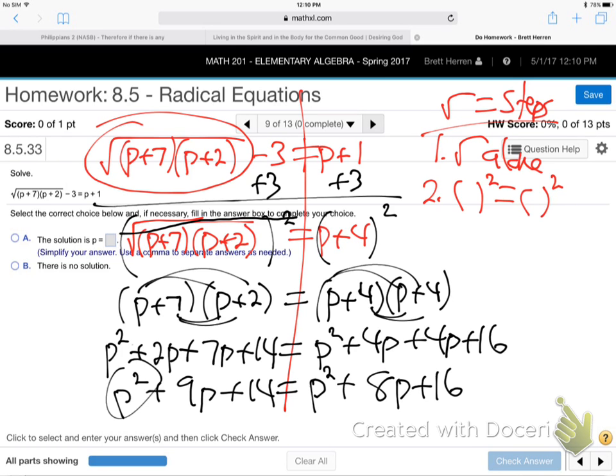What's going to happen to the fact that we have the p squared monster on both sides again? Bye-bye. It's going to cancel out. We just subtract p squared from both sides.